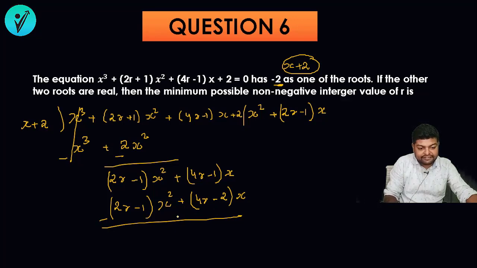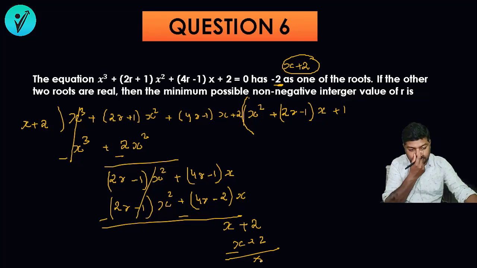Then negative, negative, so this 4r and minus 4r will get cancelled. This is minus 1 and this will be plus 2, so it will be plus x. Just a minute here. Okay, so x and plus 2 will be there, so here I have to write 1. So x plus 2, when you subtract, everything will get cancelled and it will be 0.